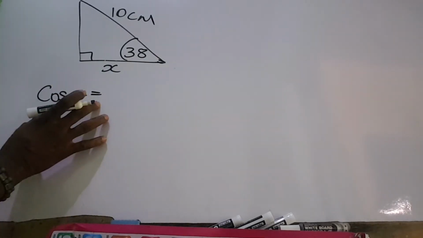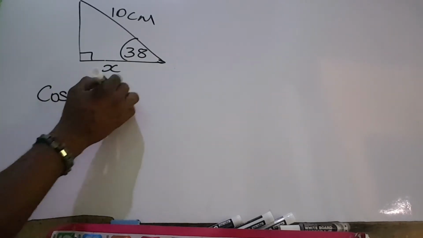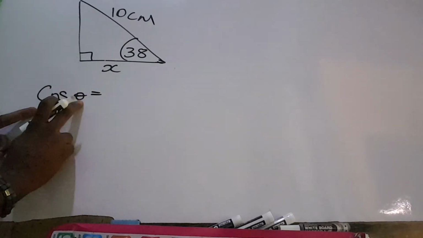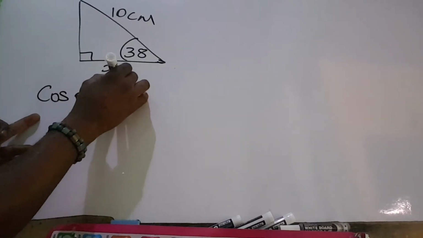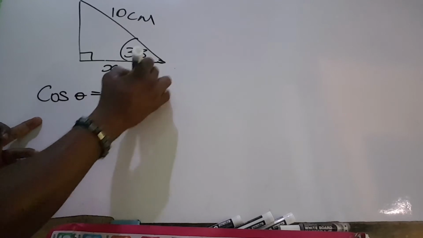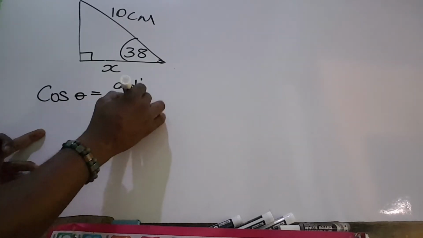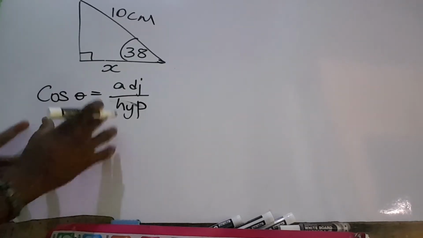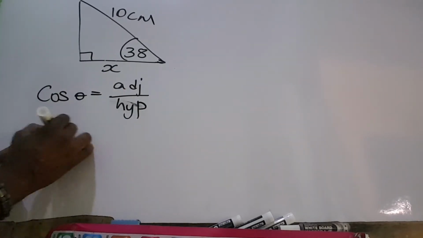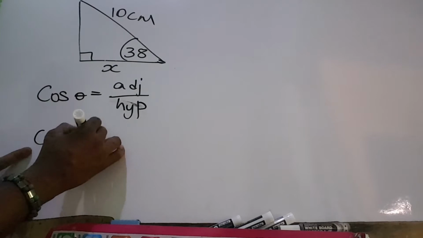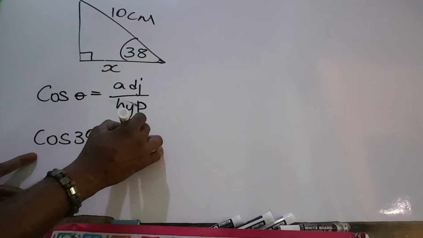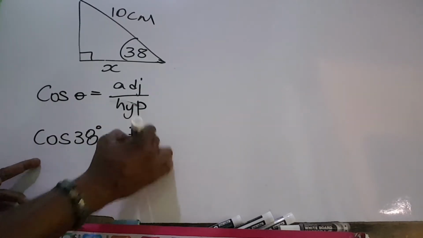In a right angle triangle, the cosine ratio says that the cosine of the angle is equal to the adjacent side over the hypotenuse side. And then from here we could substitute what we have. For example, the cos of 38 degrees is equal to x over 10.